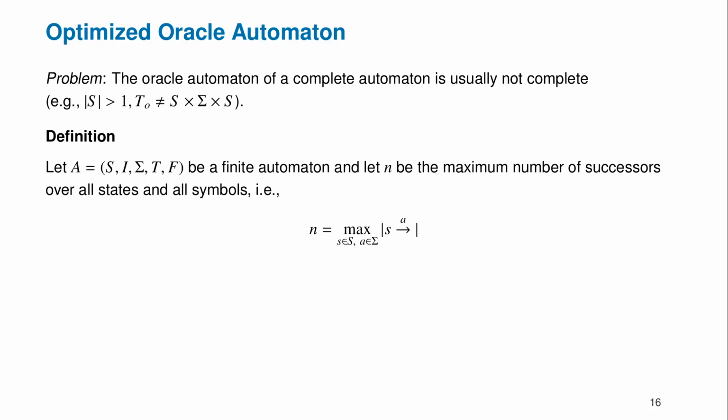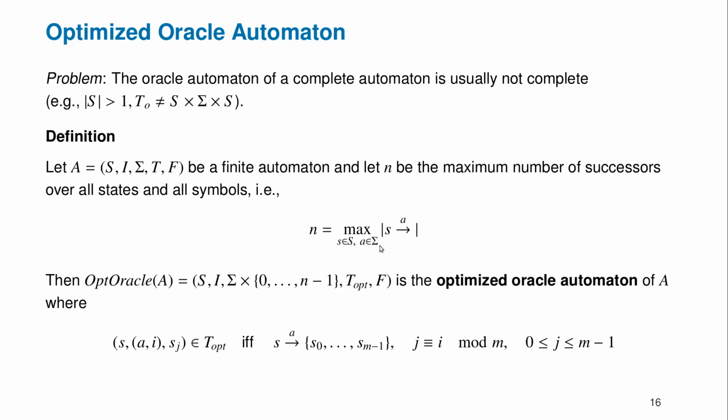Yeah? And this gives us now the information we need in order to build the optimized Oracle automaton and say that n is this number which we identified.